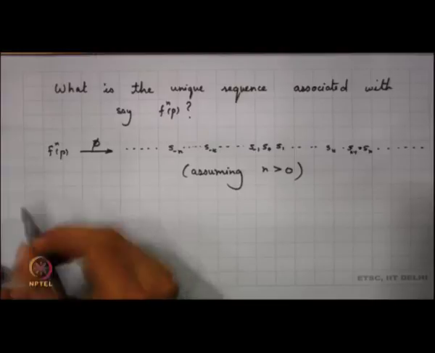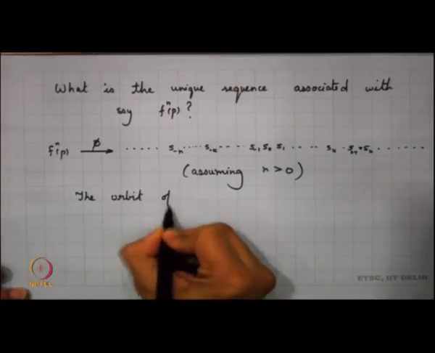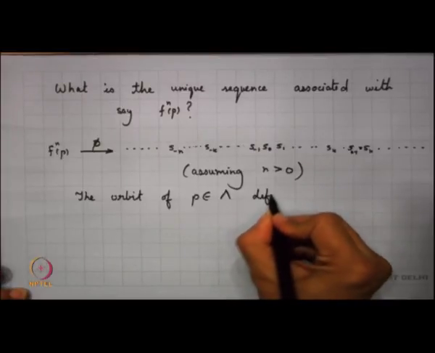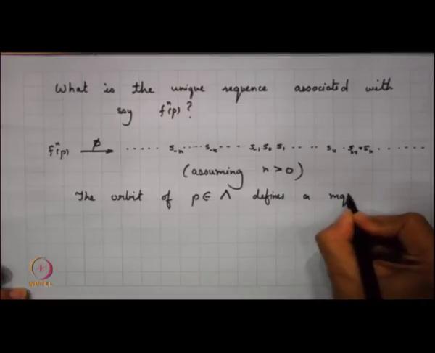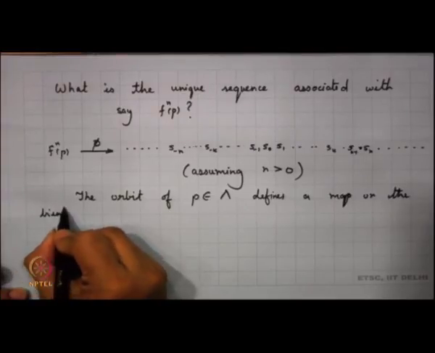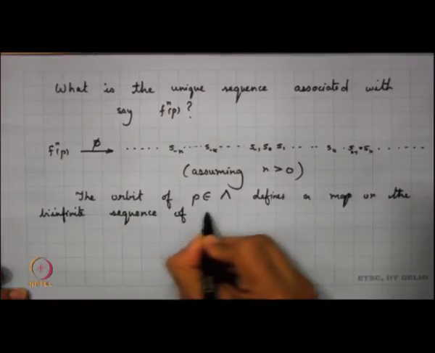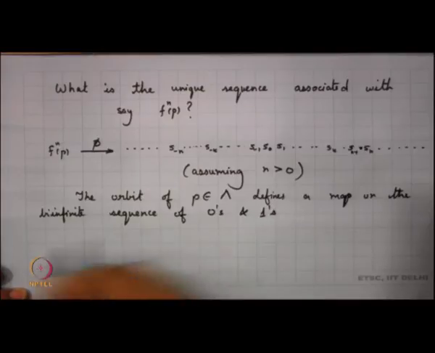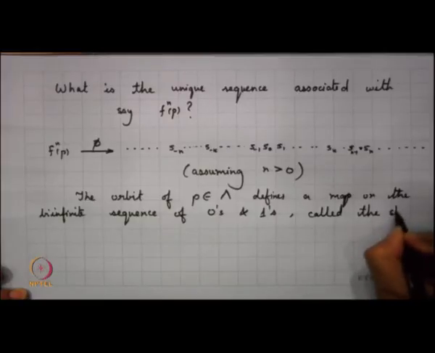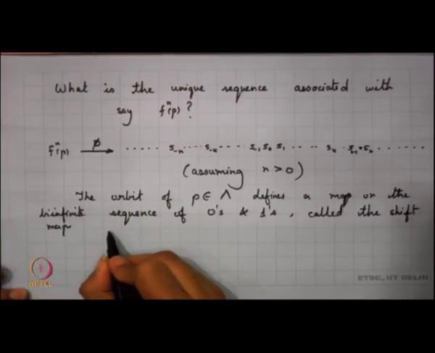So, what we find out is that the orbit of p in this horseshoe attractor defines a map on the bi-infinite sequences of zeros and ones, which is called the shift map, where I define the shift map.